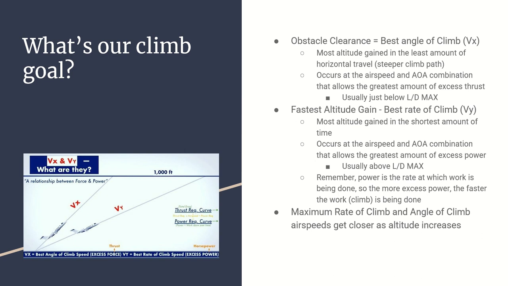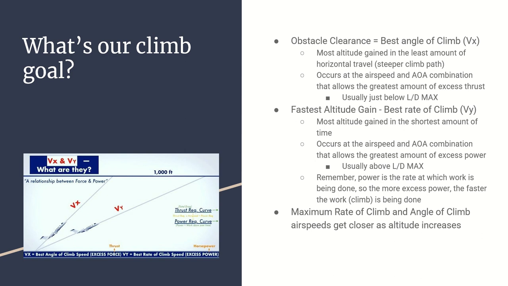And then if we continue exploring these two different V speeds, as we ascend in the atmosphere, your indicated airspeed might remain the same, but your true airspeed is not quite the same because there's less air the higher we go. So Vx is going to increase over time, and Vy is going to decrease over time until they become one and the same.